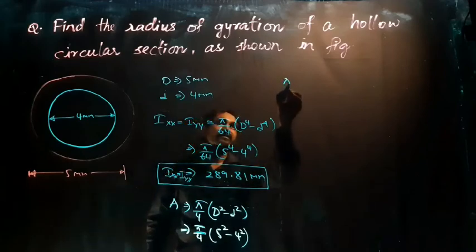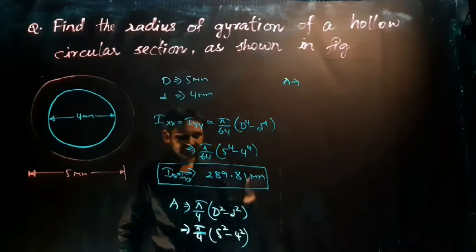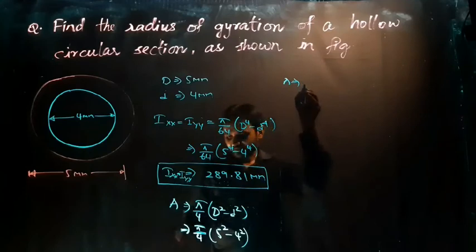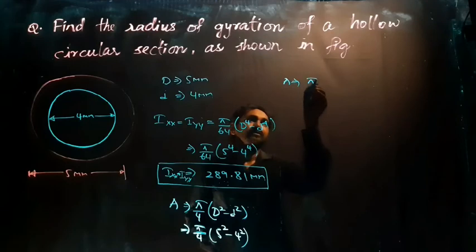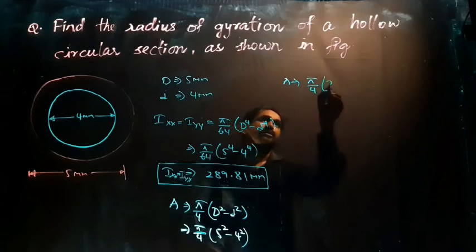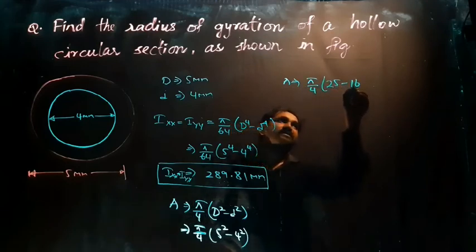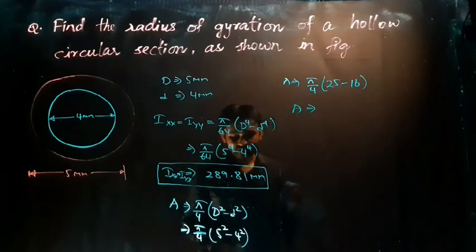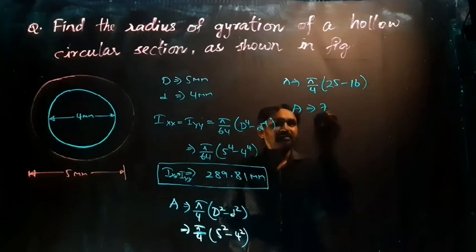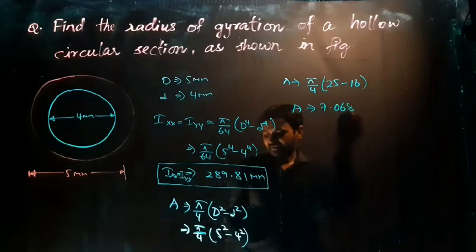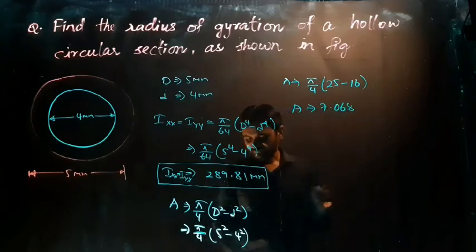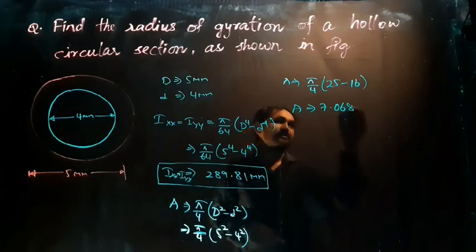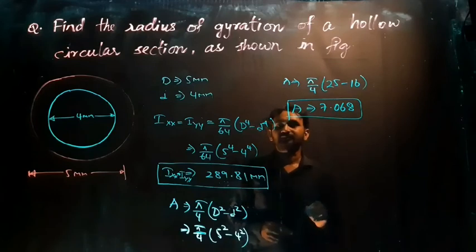Therefore what I get is area equal to 5 square, in the sense 25, minus 4 square will be 16. So pi by 4 into 25 minus 16. Therefore the total area from this will be 7.068.